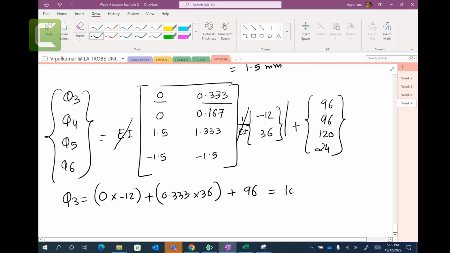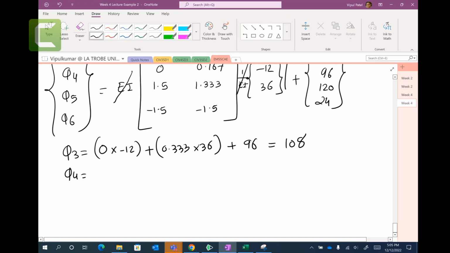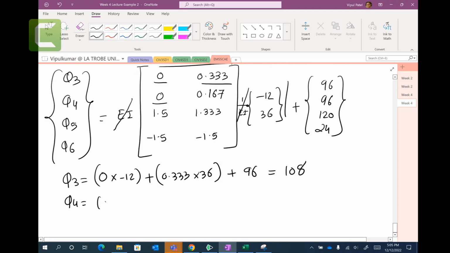You get 108. Q4 equals 0 times minus 12, plus 0.167 times 36 plus 96.